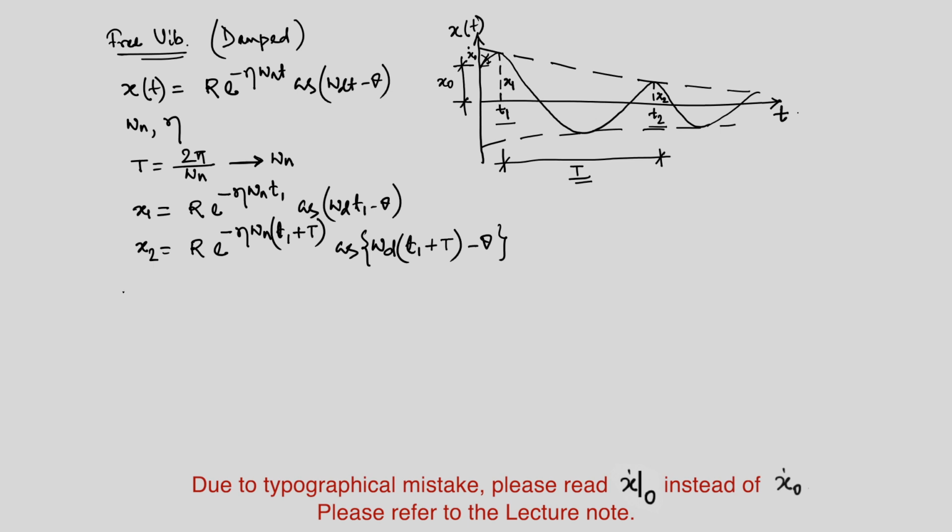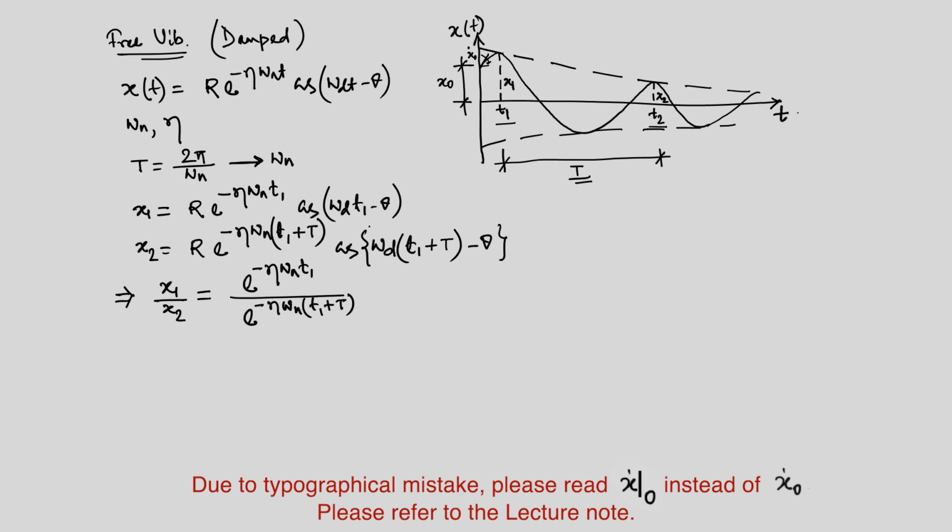Now, if we take the ratio of x1 and x2, then what will happen on the right hand side? Obviously, the R will get cancelled. So, we will have e to the power minus eta omega n T1 divided by e to the power minus eta omega n (T1 plus capital T).